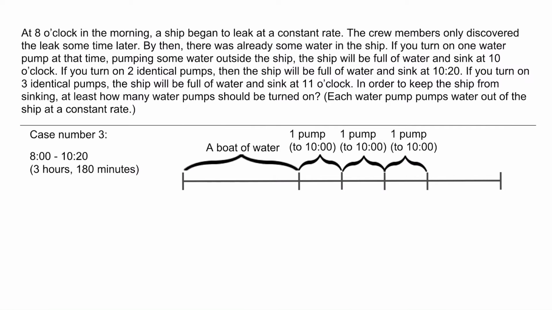Then we chop up the remaining piece into 3 smaller segments. We will not show it now, but the remaining piece will be 3 pumps for 60 minutes. This can be rewritten as one pump operating for 180 minutes or 3 hours.